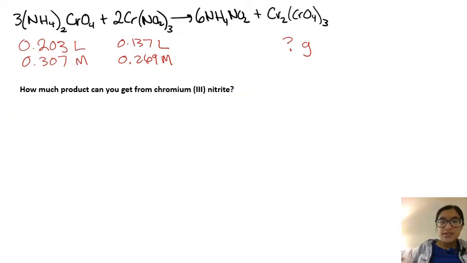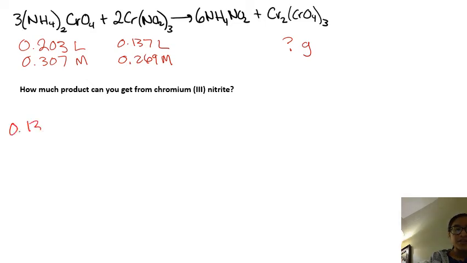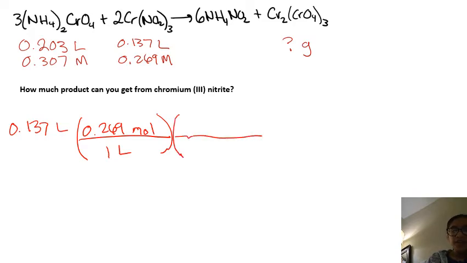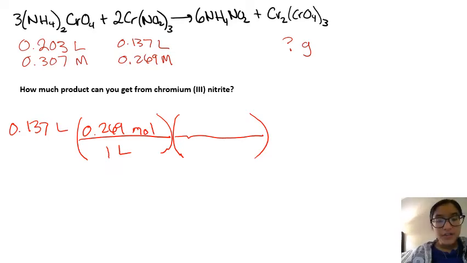Alright, so now we do the same with the other starting material, which is chromium 3 nitrate. So exact same process, starting with the liters, using the molarity to convert over to moles. Moles of chromium nitrate in 1 liter. And then just to save time, I'm not really going to show all of the labels for everything, but basically now we're going to do the mole ratios.